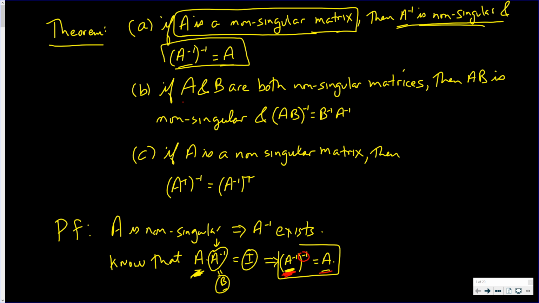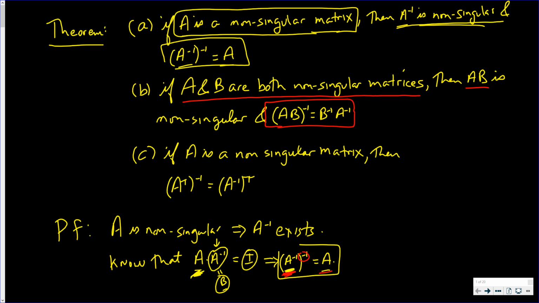Now, to prove B, we're told that A and B are both non-singular matrices. That means A and B have inverses. We want to show that if A and B have inverses, and of course they are appropriate sizes, then AB is also non-singular, and the inverse of AB is B inverse A inverse.